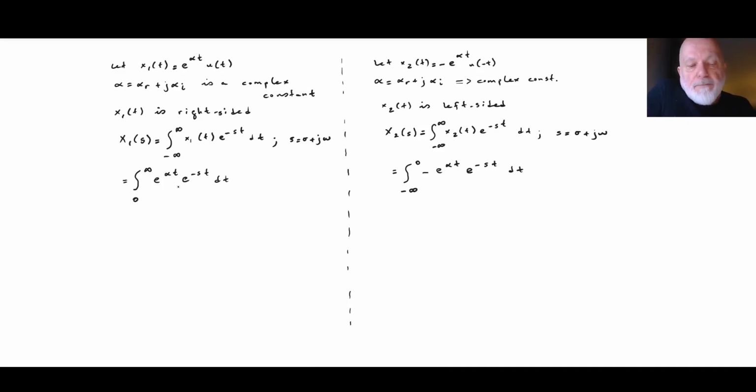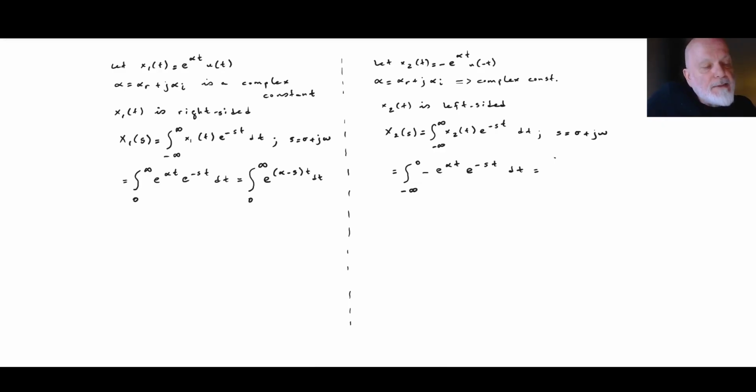We have the exponential function e to alpha t times e to minus st. So in fact, we can combine this as a single exponential term, e to (alpha minus s) t, integrated with respect to t.